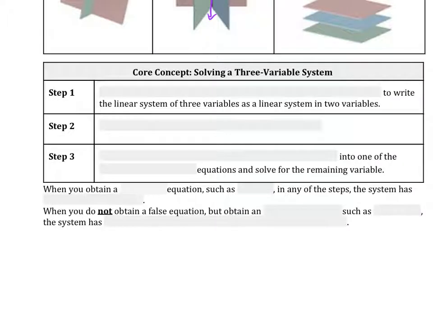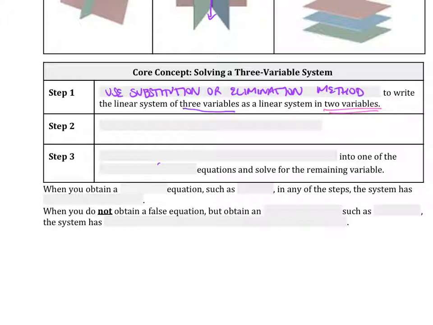So step 1, you're going to use substitution or elimination to write the linear system of 3 variables as a linear system in 2 variables. So that's what we practiced last week, solving systems of 2 variables.